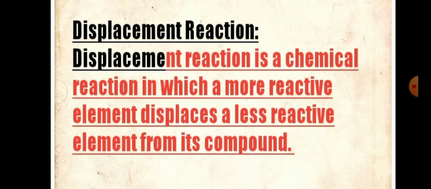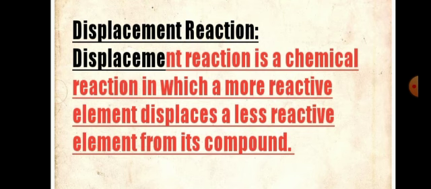I guess you all might have learned this displacement reaction already in your 7th standard. A displacement reaction is a type of reaction in which a more reactive element displaces a less reactive element from its compound, or from its aqueous solution.